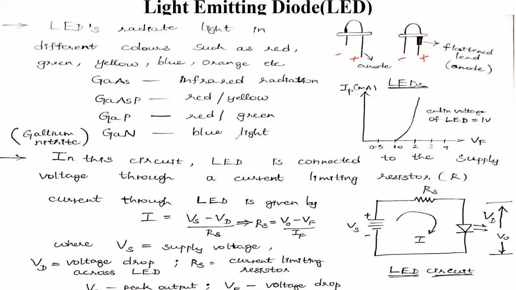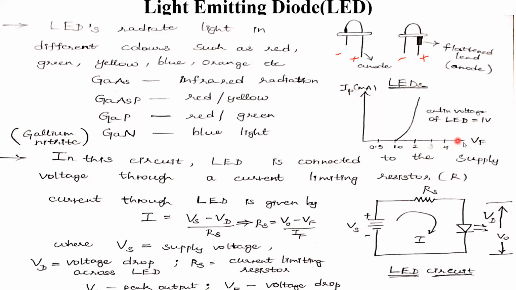Thereafter, if you are drawing the VI characteristics of an LED, it is like this. This is the supply voltage, and here I obtain the photocurrent, or light energy obtained from this current level, IP.